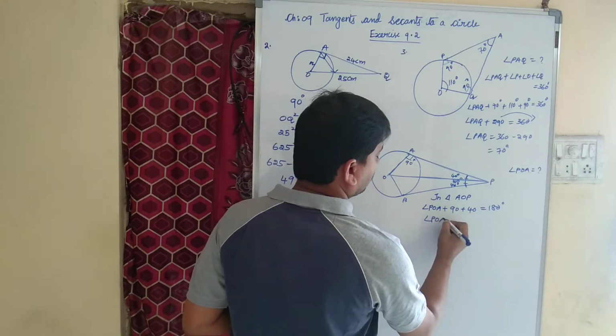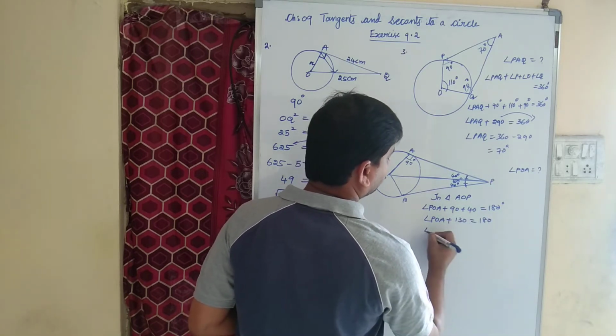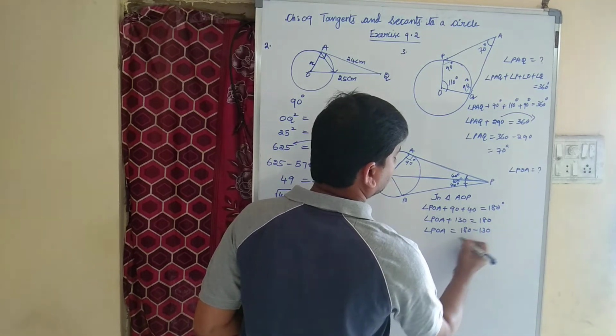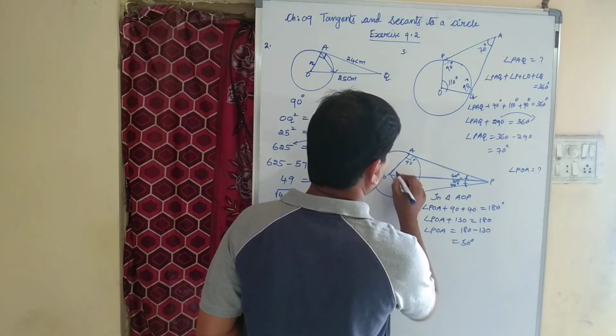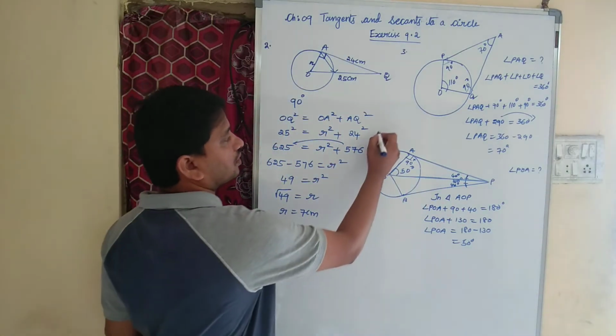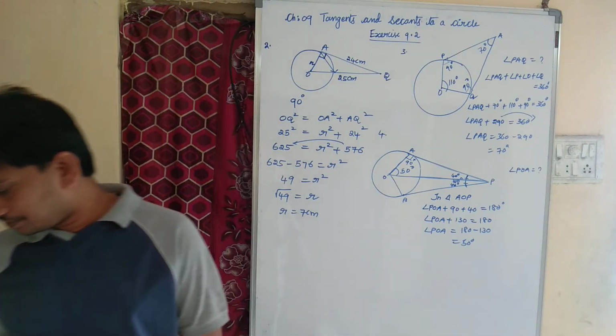So angle POA plus 90 plus 40, which is 130, equals 180. 130 you transpose, it will become 180 minus 130. So the angle POA value is 50 degrees. Right? Now coming to question number 5.